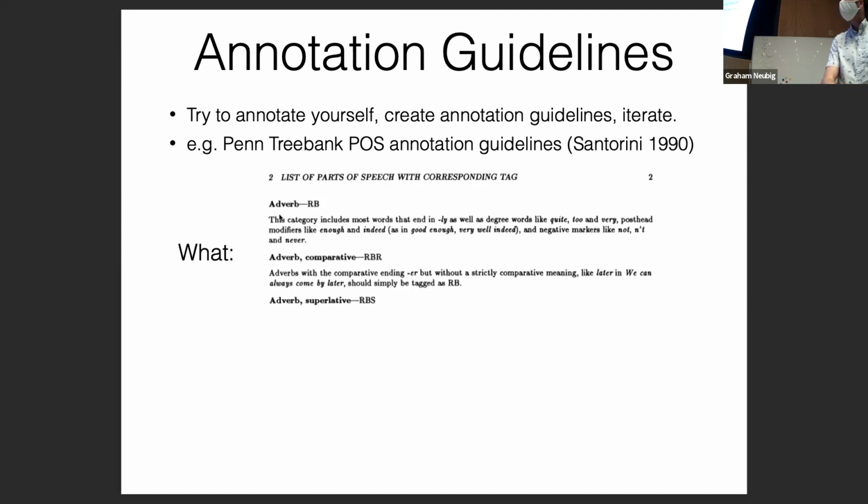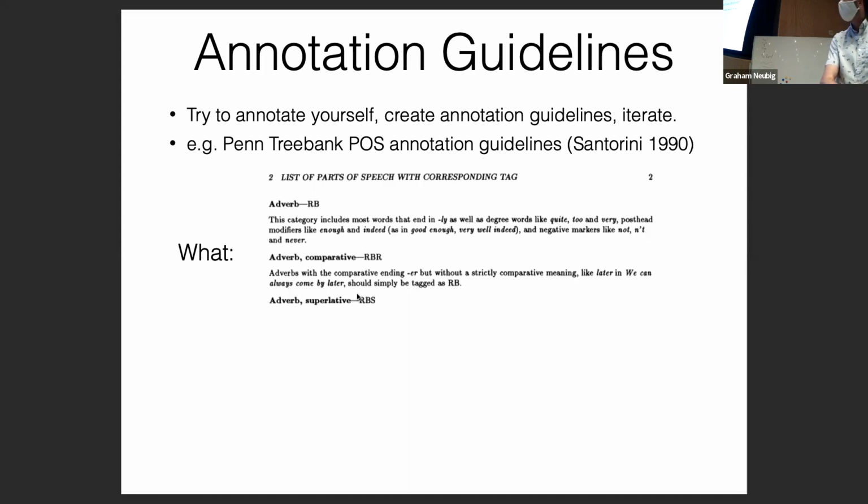So this is an example from the Penn Treebank parts of speech, and it says something like adverb. This category includes most words that end in ly, as well as degree words like quite, too, and very, post-head modifiers like enough and indeed, and negative markers like not and never. So this gives you a general idea of what the class is like.